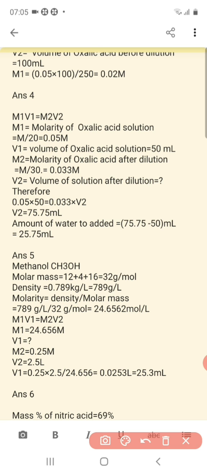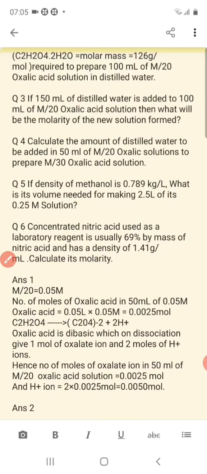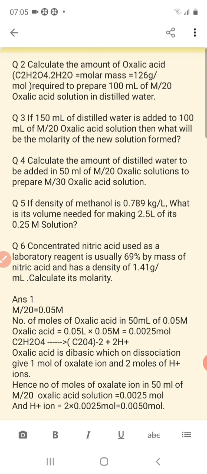Now let us solve another problem, problem number 5. This is a standard problem asked quite often during the examination.